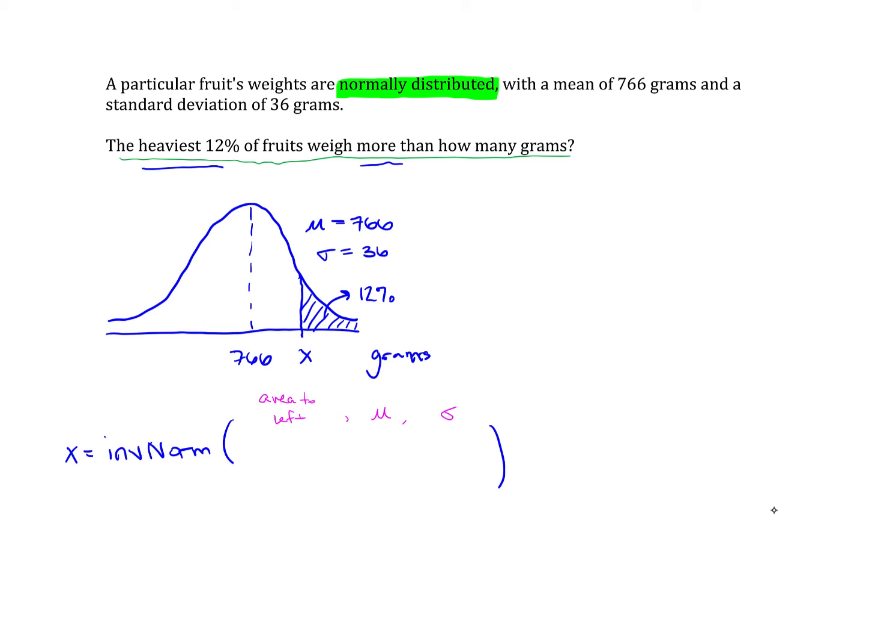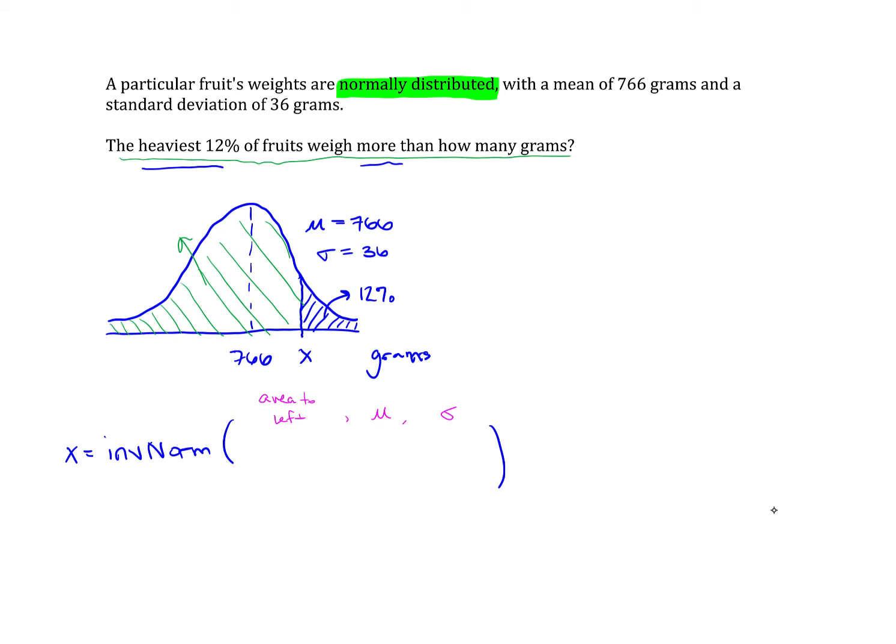Now, the one thing you have to pay attention to when it comes to inverse norm is the first input is the area under the curve, but it has to be an area to the left. That's the only way the function works. And so if I have shaded the upper 12%, that's an area to the right. What I have to do then is convert that area from the right into an area to the left, which is easy to do.